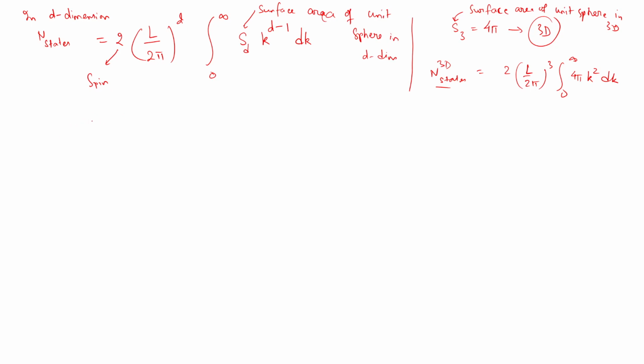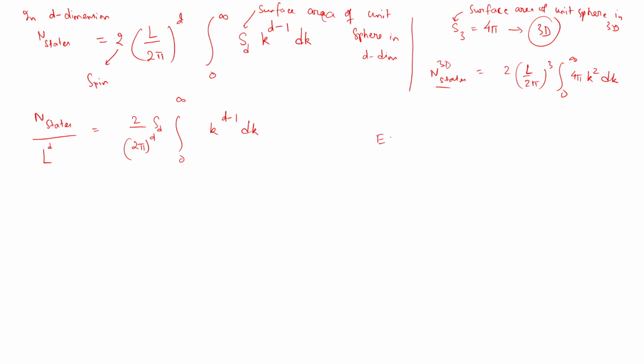Now what we can do is, so L to the power d, I will write the number of states over L to the power d. L to the power d, I will just write it as volume in d dimension, so 0 to infinity. So Sd is a constant, so I took it out, so it is k to the power d minus 1 dk.